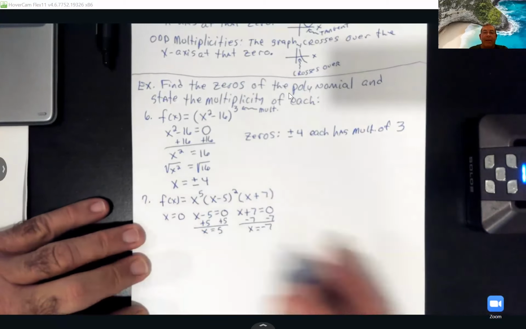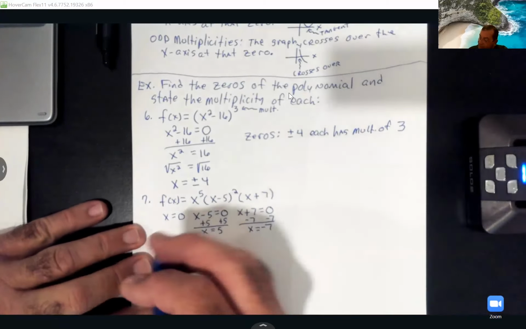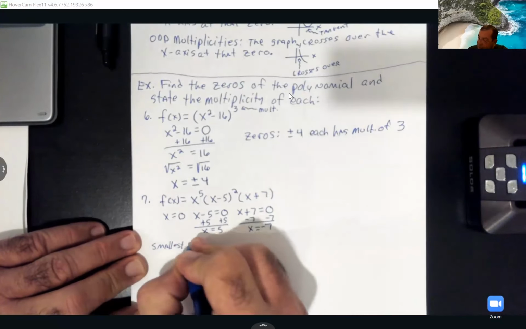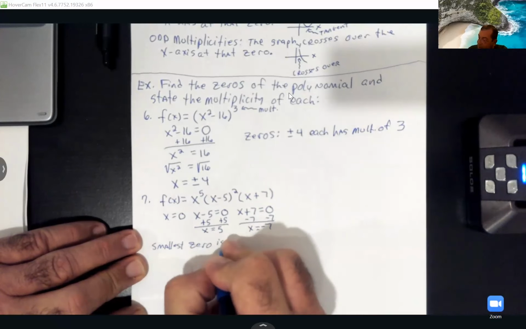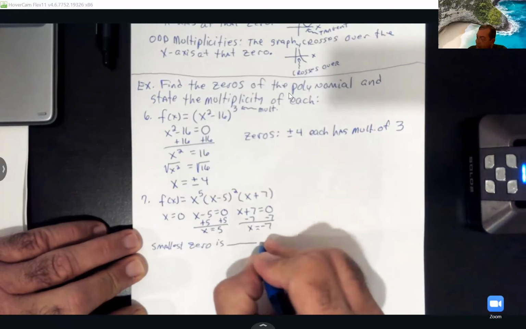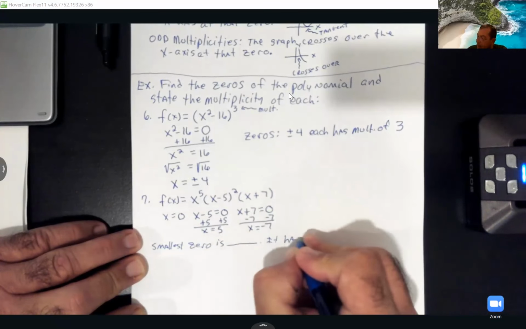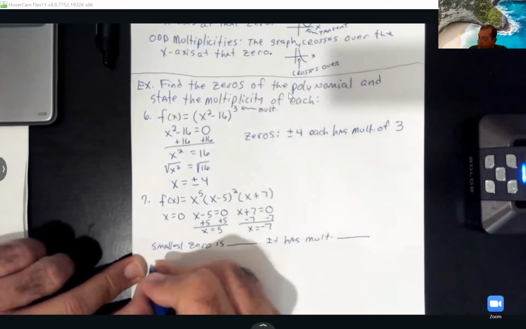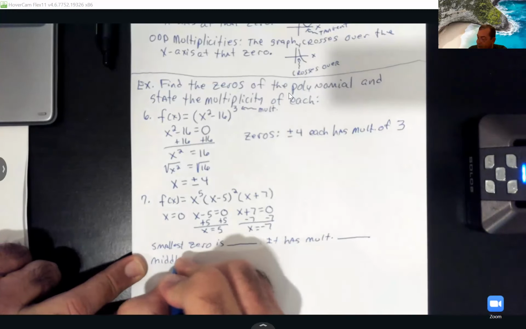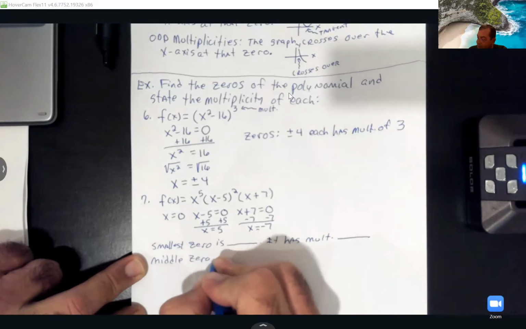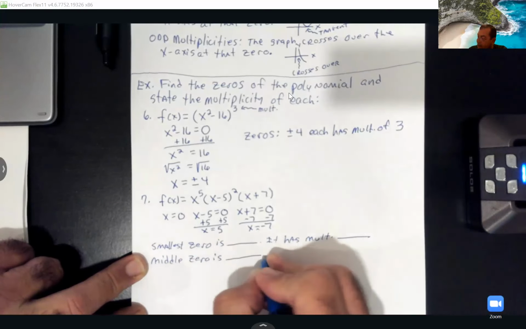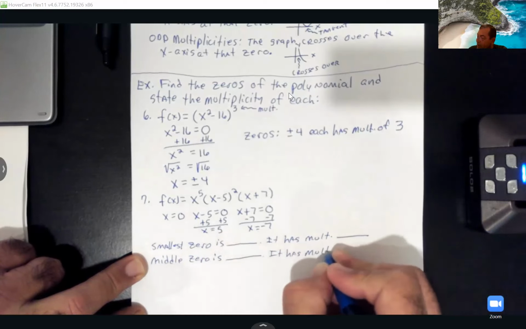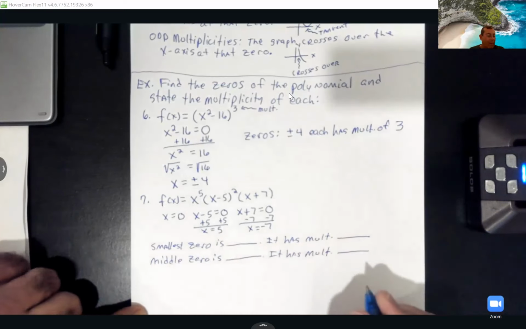So y'all look how they do this answer. They say the smallest zero is blank. It has multiplicity blank. Then the middle zero is blank. It has multiplicity blank.